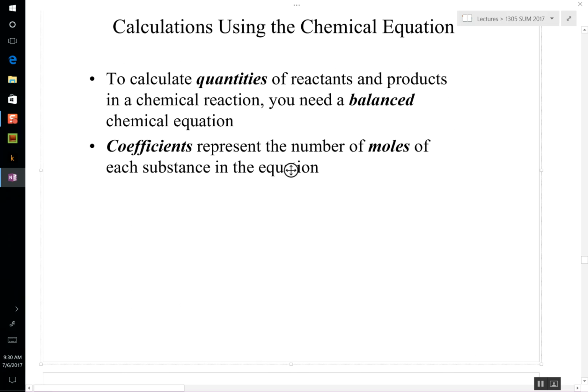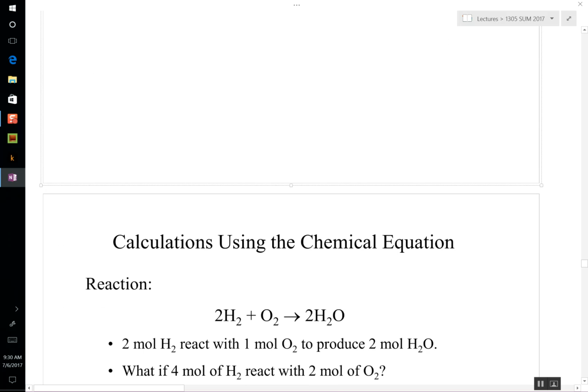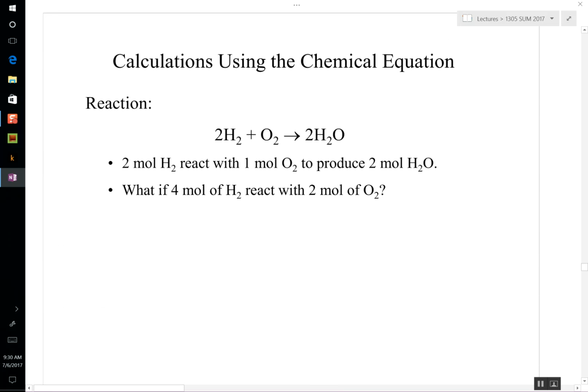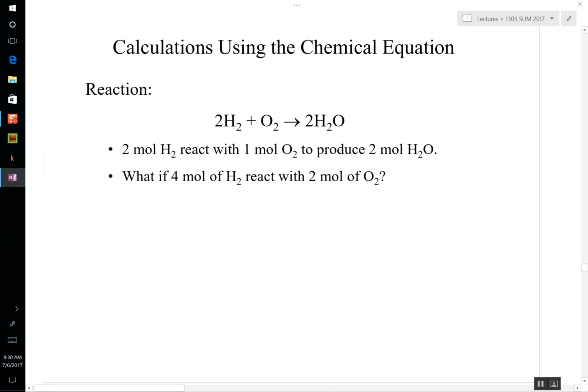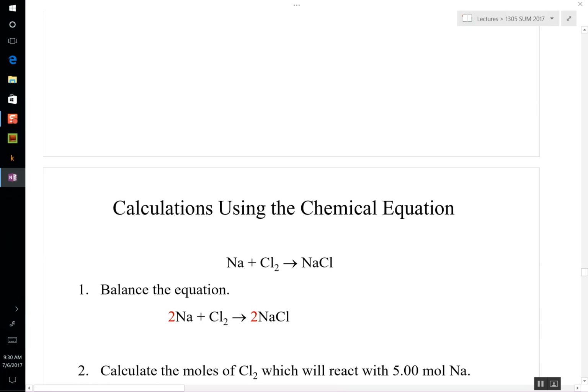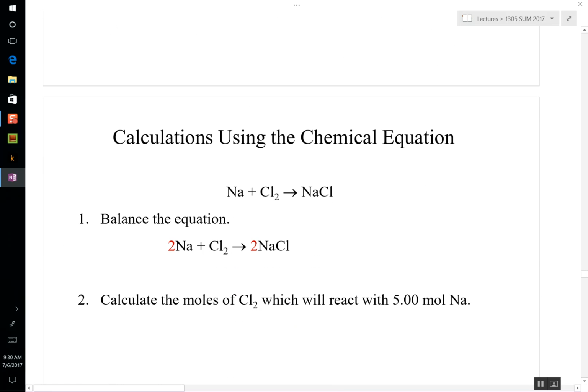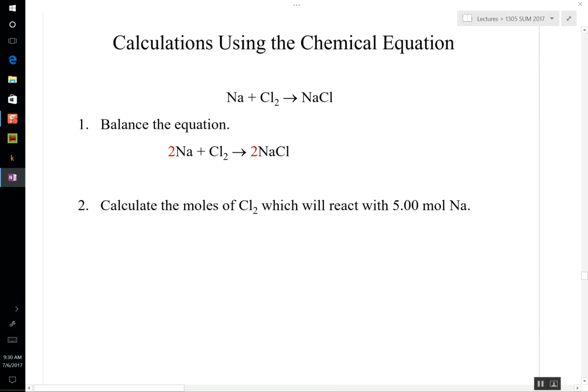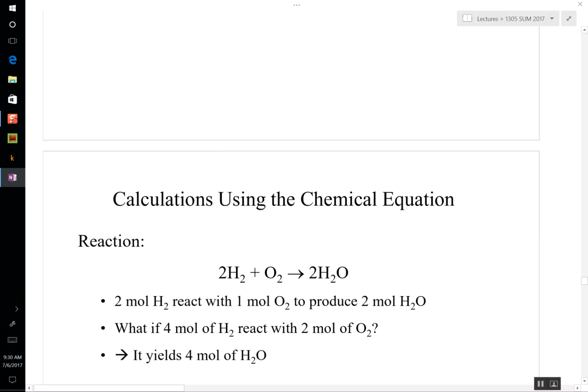All right, calculations using the chemical equation. This is what we did a little bit ago. This is what this was all about. So I just want to point out there are other slides in here that can ask questions. These are problems you could go do to solidify this.